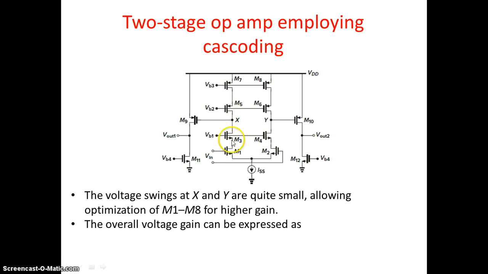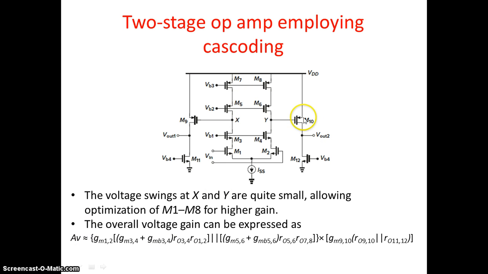The overall gain can be expressed as follows. First, let us get the gain of our cascoded stage, or telescopic amplifier: the transconductance of this one times the resistance, of these two amplifiers. For M3 and M4 we will get a body effect.